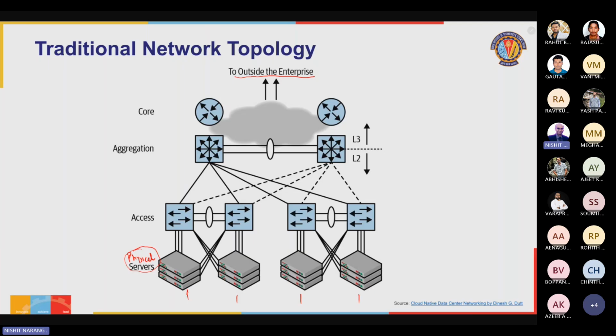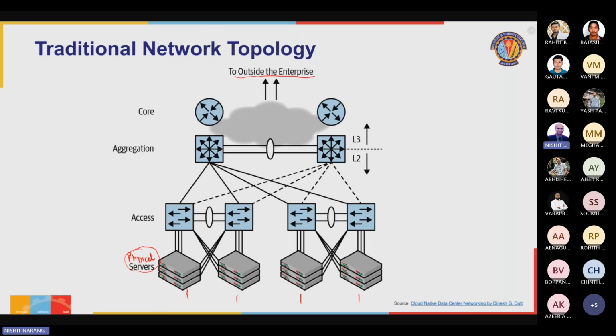Okay? Now, if I blow down that three-tier topology of the internet, the access network, the aggregation network, the core network, into a single enterprise data center network, you see the same three tiers existing as three layers inside the enterprise itself.